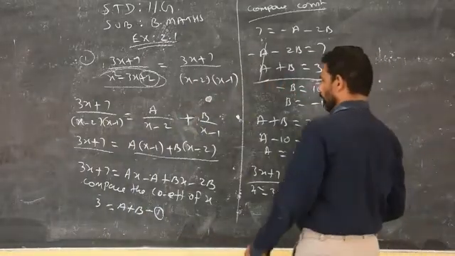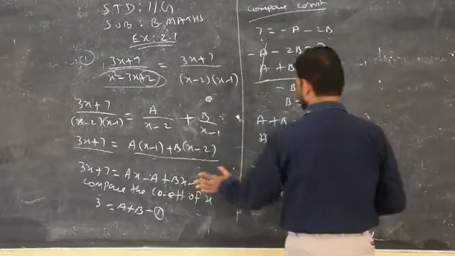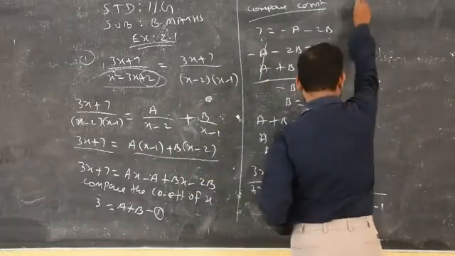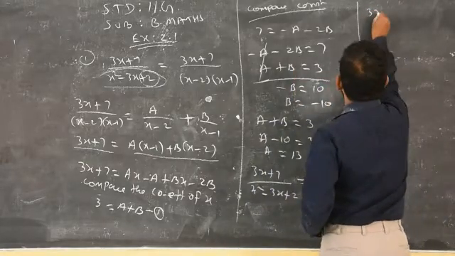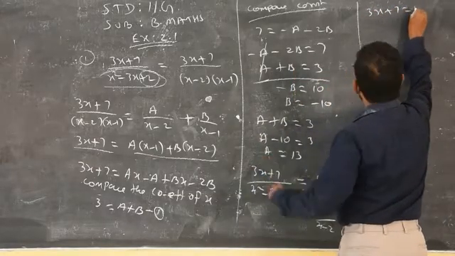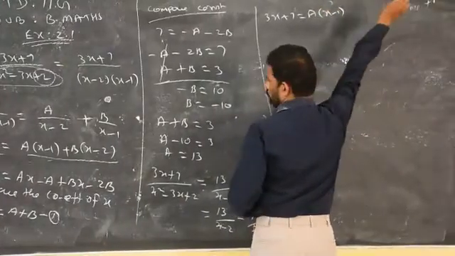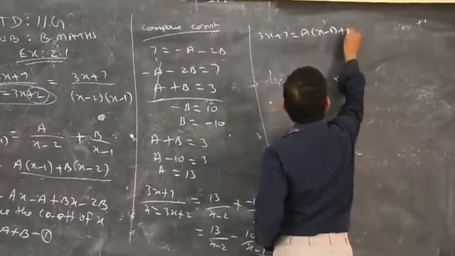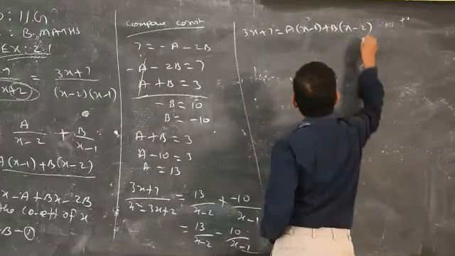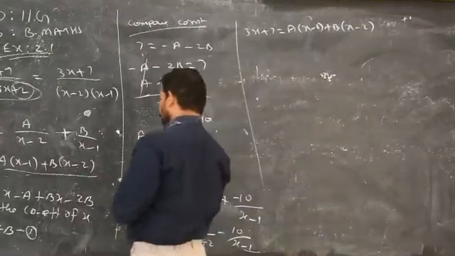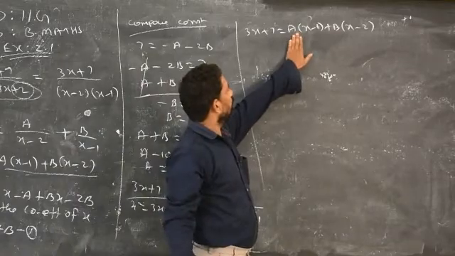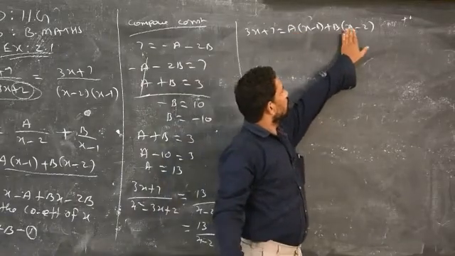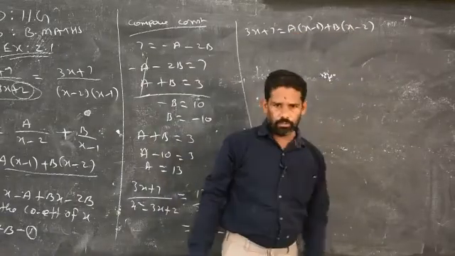Listen here now, you choose any one of these two methods, that is your wish. Clear? 3x plus 7 is equal to a of x minus 1 plus b of x minus 2. So to find the value of a, you have to make the second term 0.